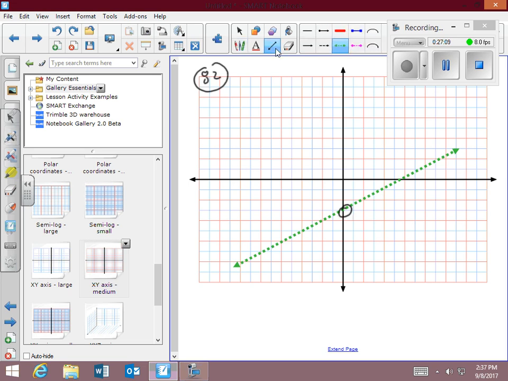Now if I draw another line parallel to it, are those slopes the same? But what has happened to the y-intercept? So is that describing what is going on? So the graph is what? A whole set of parallel lines, right?